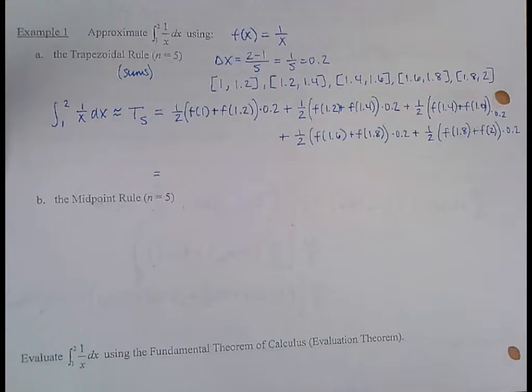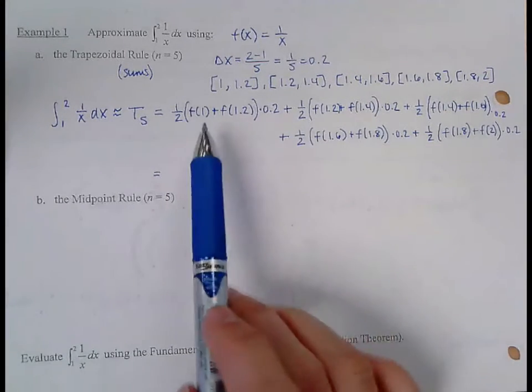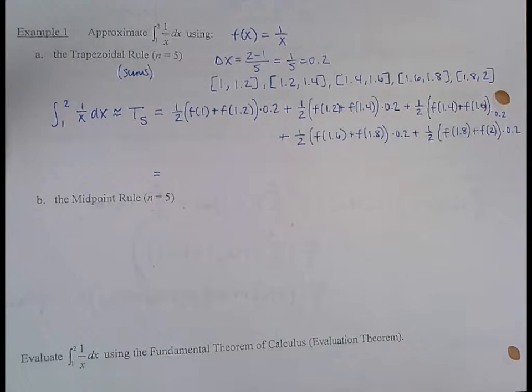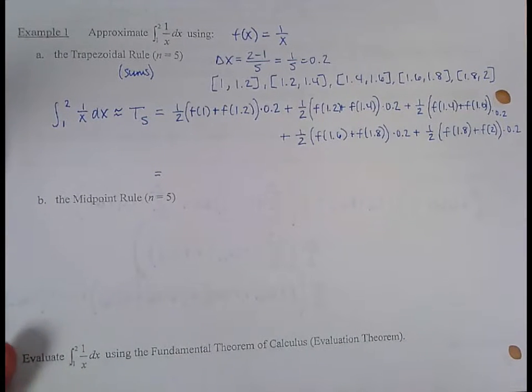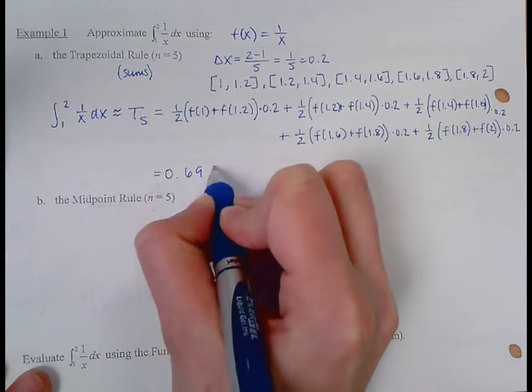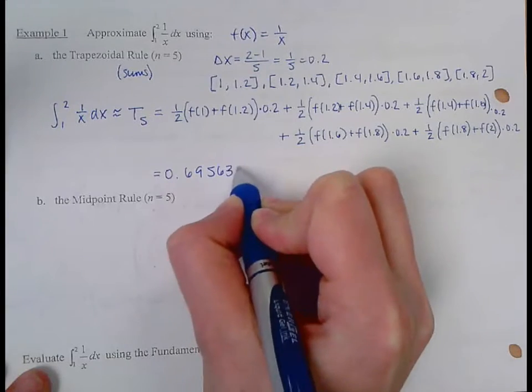Okay, now you would need to calculate this. Just to save us some time, so that you can actually get to working on that AP question I have, this would come out to be approximately, I rounded it to 6 decimal places on purpose, 0.695635.